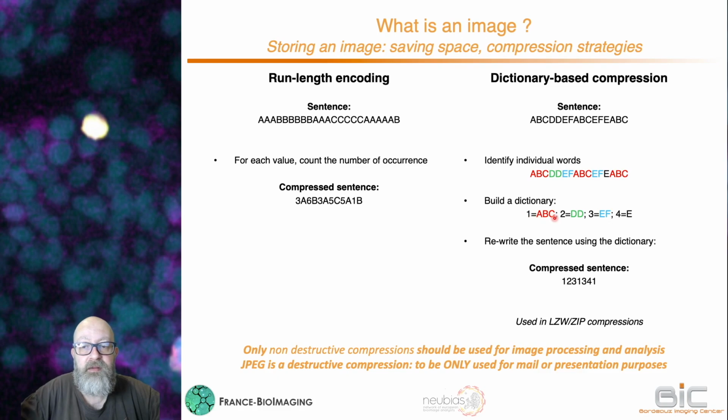Now that you've built a dictionary, you can re-encode the full sentence, but using only those numbers. Of course, in reality, these are not numbers, otherwise you would limit yourself to 10 different words within your dictionary, and this wouldn't be efficient.